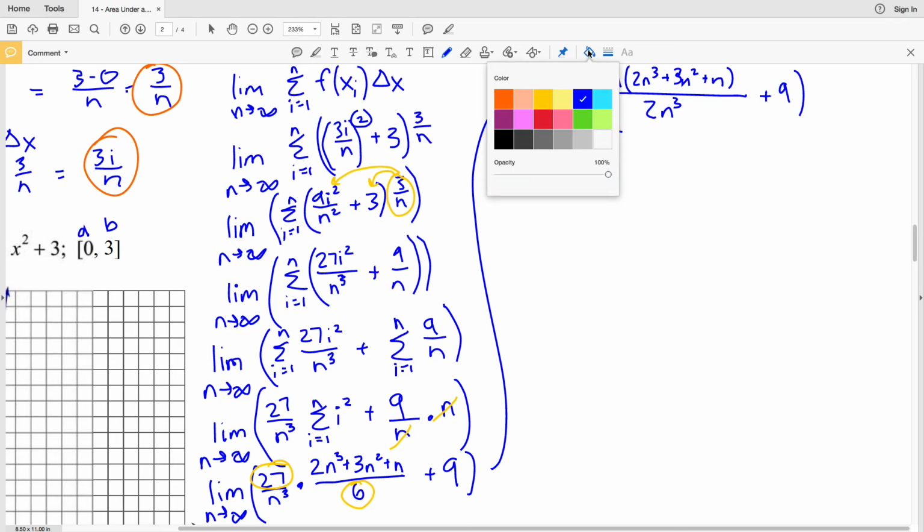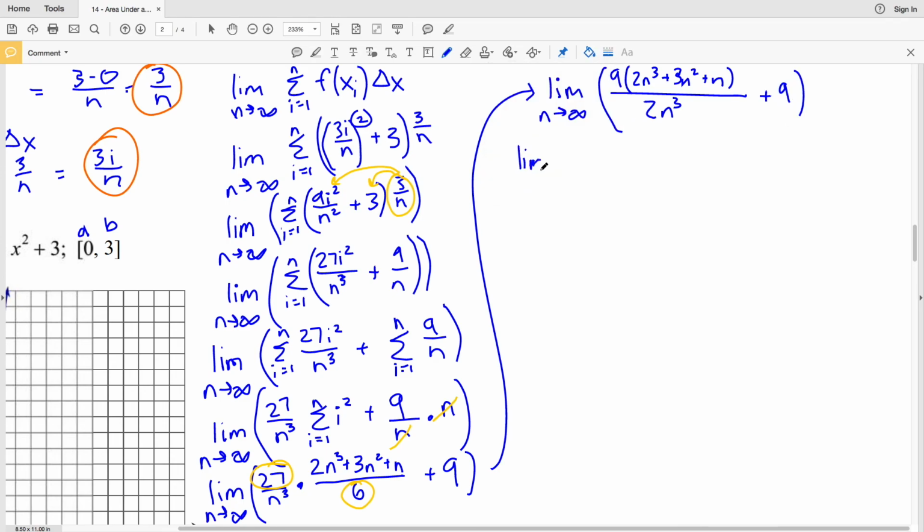Now I'll distribute that 9. The limit as n approaches infinity of, and as I distribute that 9, I'm also going to break my fraction up because they're all over the same denominator. So 9 times 2n cubed is going to be 18n cubed over 2n cubed. And I'll be adding that to 9 times 3n squared, which is 27n squared over 2n cubed.